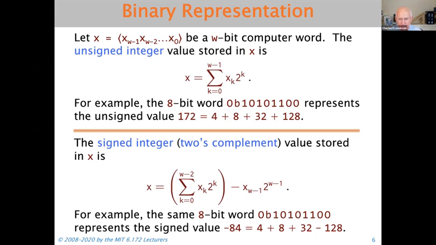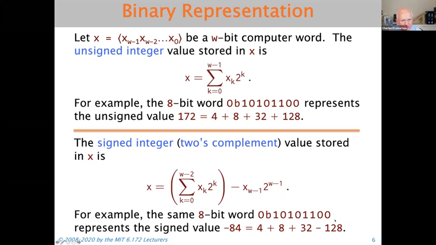So you don't have to implement two different circuits for signed and unsigned. Here's the mathematical formulation of 2's complement. It's the same as the unsigned integer representation, except that the multiplier on the high order bit, the sign, is negative.